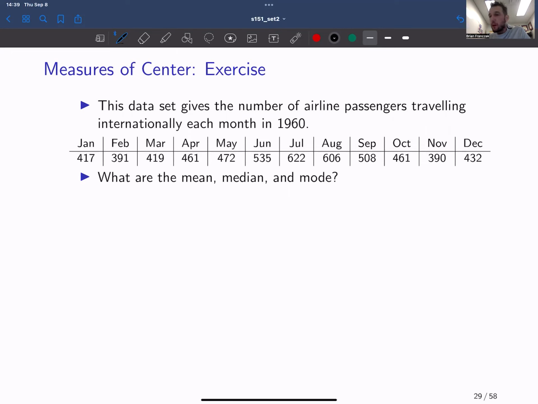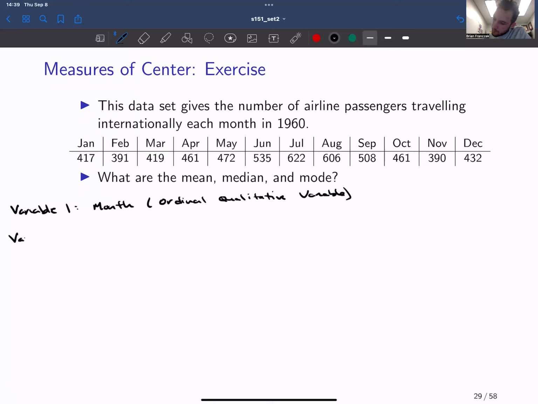And this would actually also be an ordinal qualitative variable because there is an intrinsic order associated with the months of the year. So variable 1 is month, an ordinal qualitative variable.